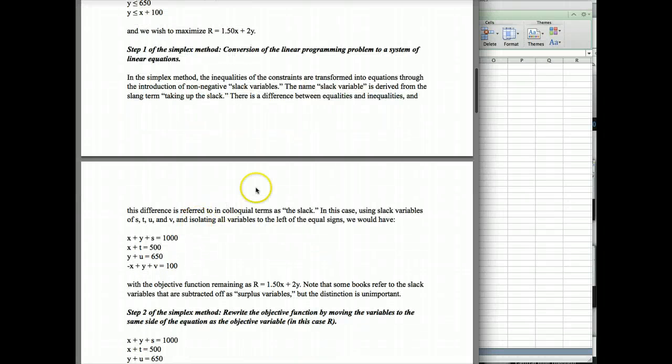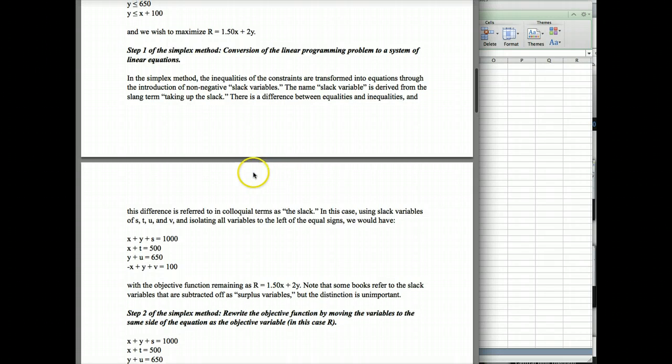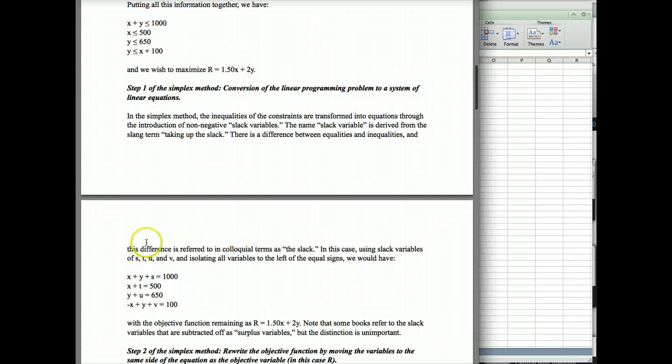What we have here is called a slack variable. It's really taking up the slack. It's the difference. It allows us to jump between an inequality and an equality. So we put some slack variables in here. We really are just taking our equation, x plus y, adding a slack variable in, and then putting it equal to 1,000.